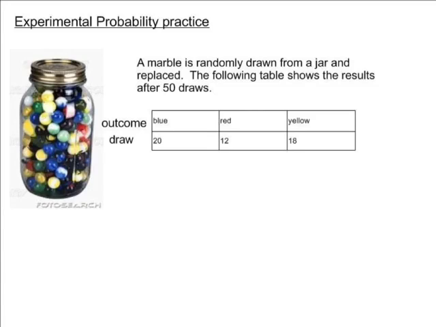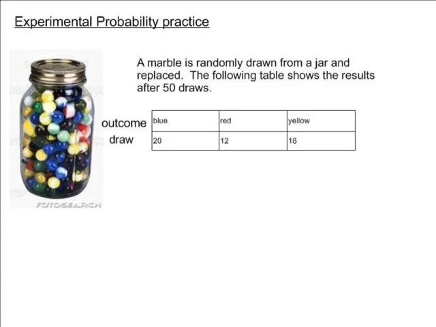Okay, here we have a jar of marbles, and we are going to randomly draw from the jar and then replace the marble. And then we're going to record. You can see that this table shows the results after 50 draws. So we see that 20 times we drew a blue marble, 12 times we drew a red, and 18 times we drew a yellow.